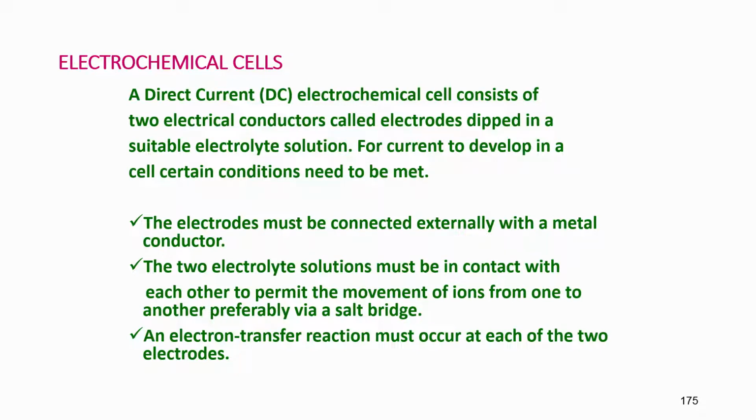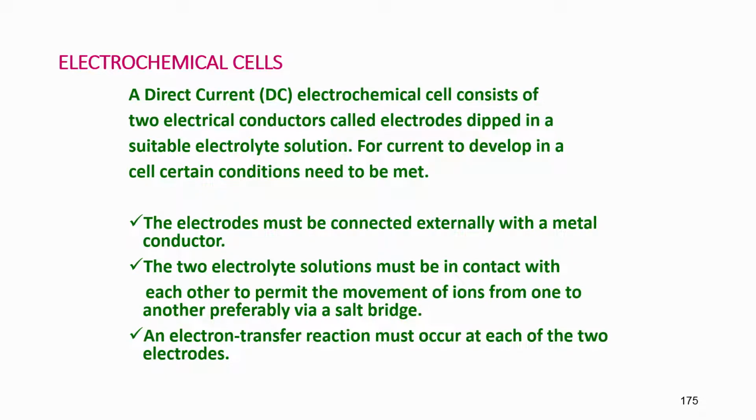For example, on your slide now, I am going to define what is an electrochemical cell. An electrochemical cell consists of two electrical conductors called electrodes. They are dipped in a solution, just like what we had seen in conductometry, and the solution is called electrolyte.